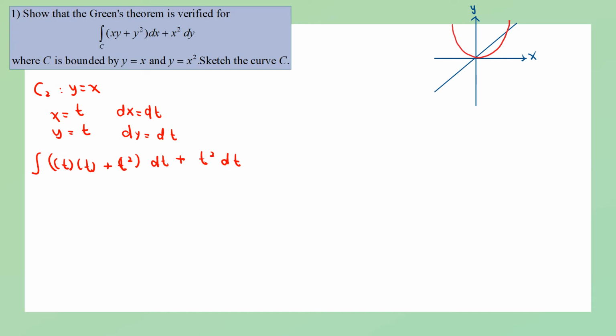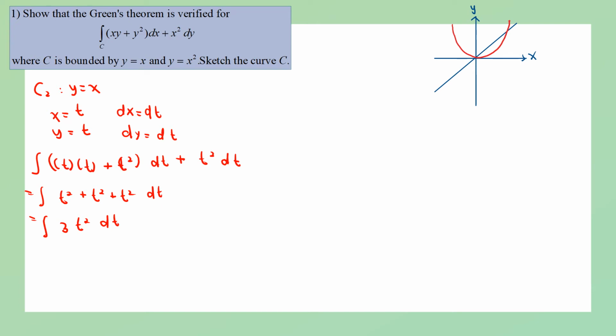So you simplify it, you will get t squared plus t squared plus t squared dt. So you will get 3t squared dt. So next step, you need to find the limit.